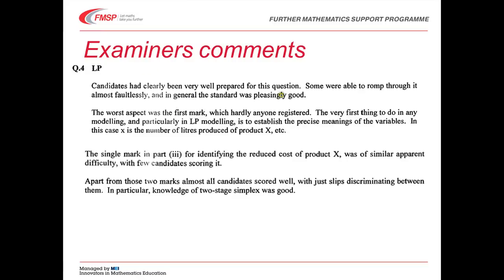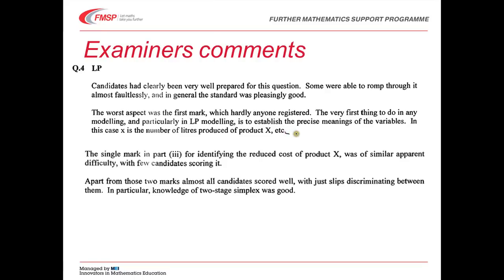First of all, candidates have been well prepared for this question. Some were able to romp through it faultlessly. I like the wording there. General standard was good, so people do well on simplex problems. They learn their stuff and they do well. The first mark, which hardly anyone registered, is defining the variables correctly.